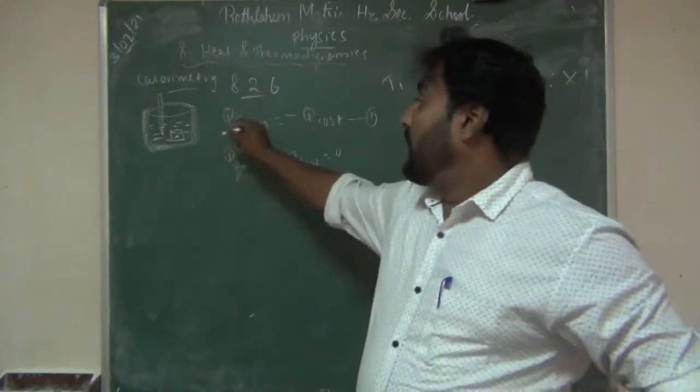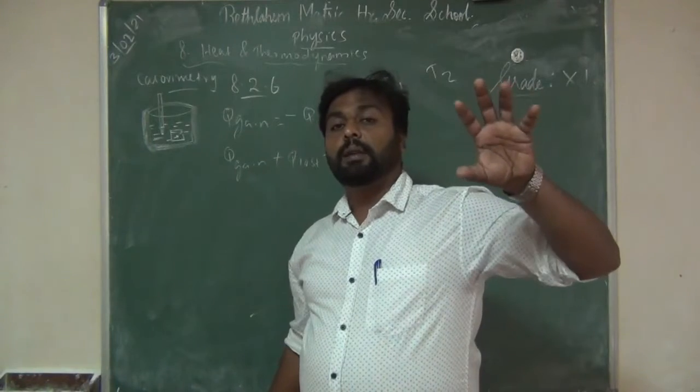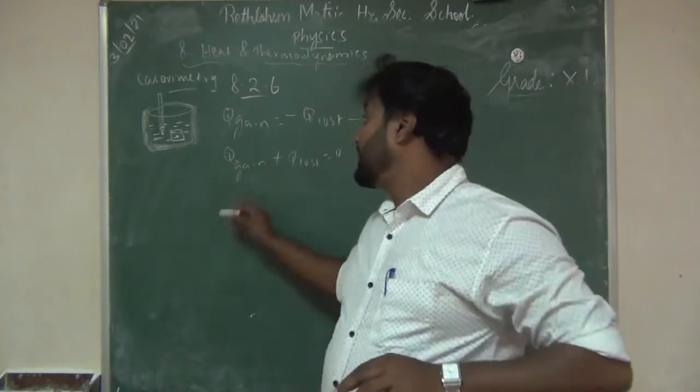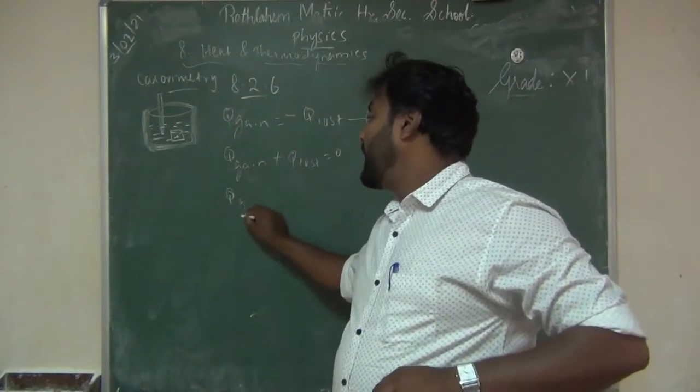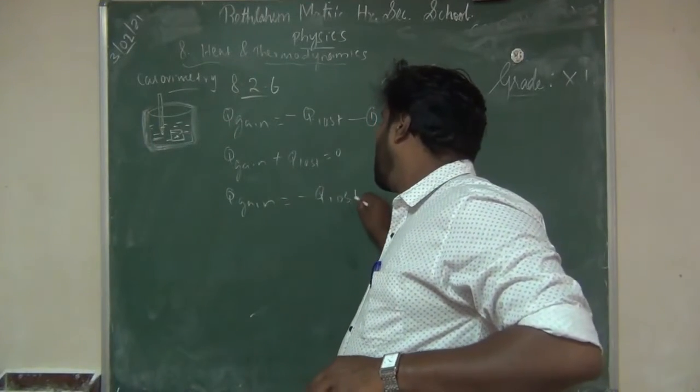And here we are dropping a hot sample inside the cold liquid so that there is a temperature change, so you can write Q gain is equal to minus Q lost.